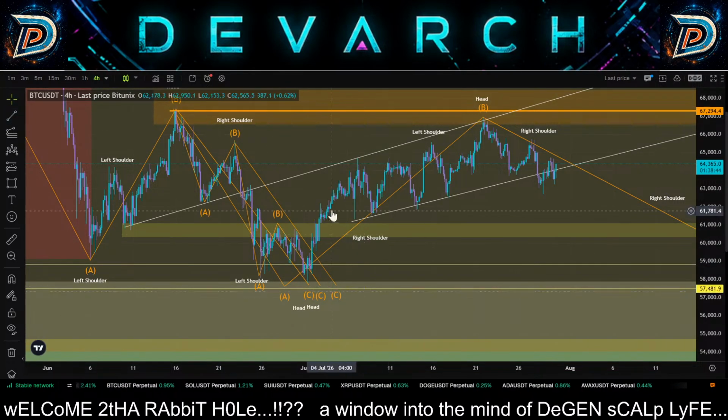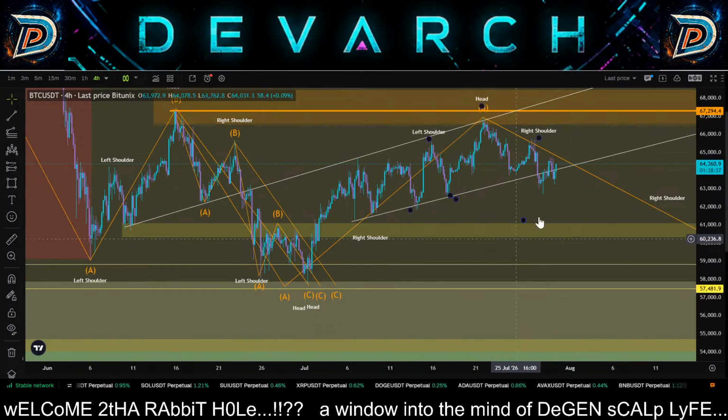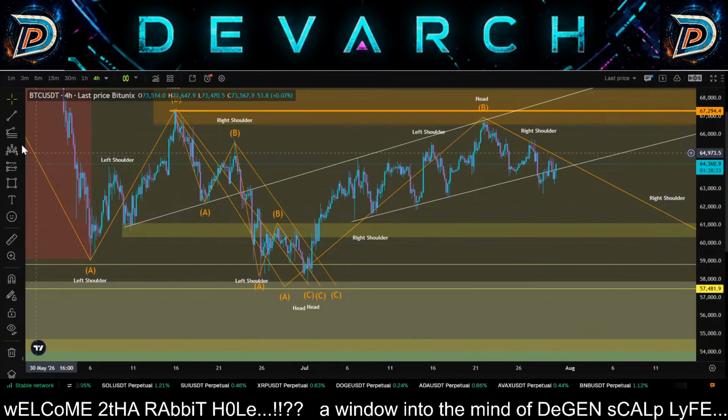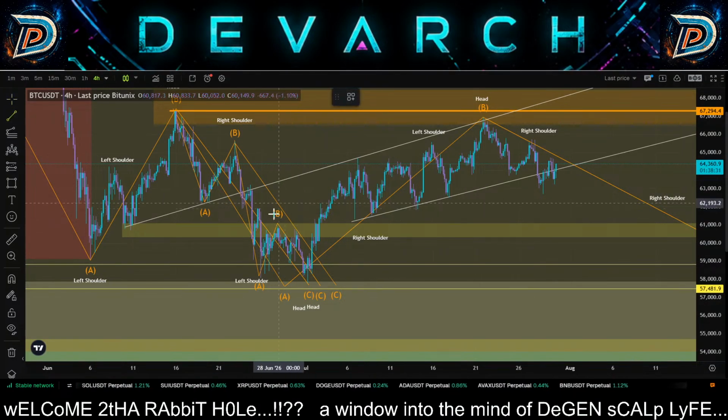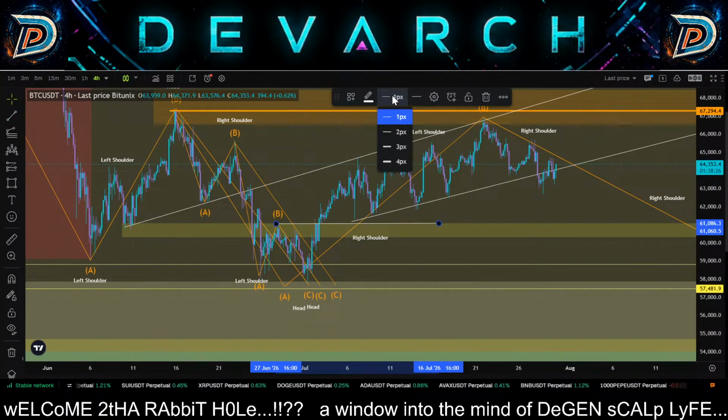Even though this is a really odd looking inverse head and shoulders, it still counts as an inverse head and shoulders. And then you can see the B wave here was that break of structure.